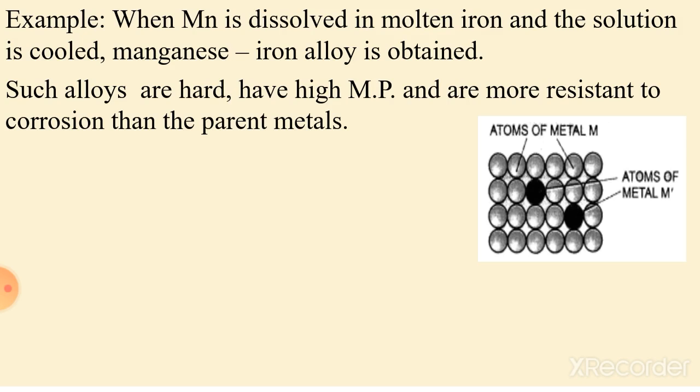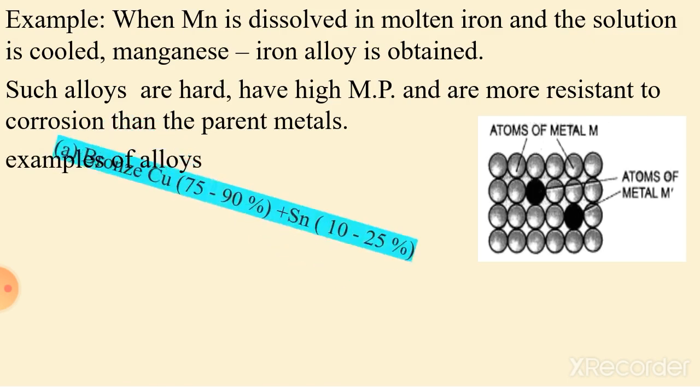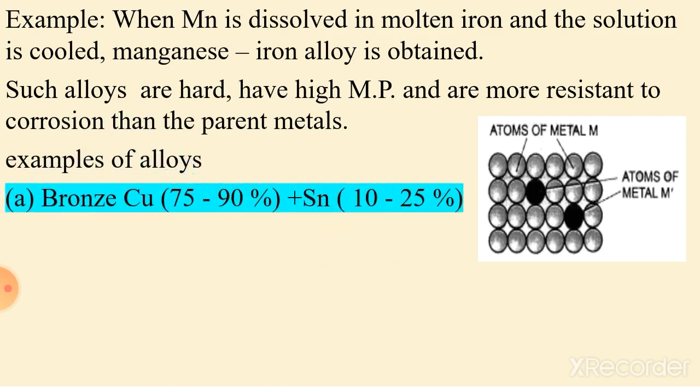Now some more points to note: such alloys are hard, have high melting points, and are more resistant to corrosion than the parent metals. Some examples of alloys are given. Bronze is made up of copper and tin; the percentage is also given.